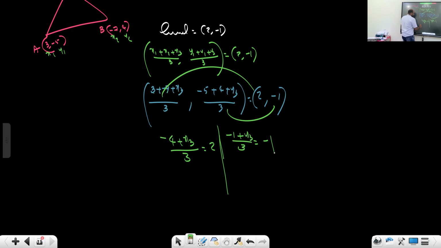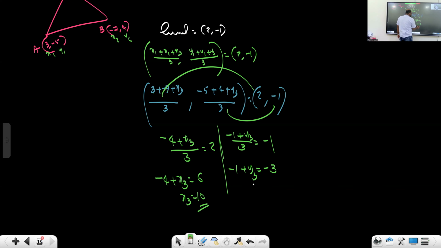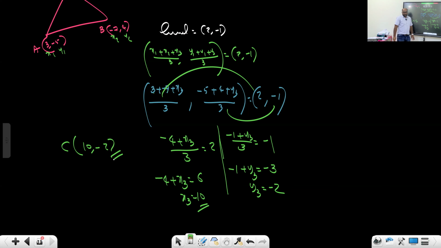Now simplification. x3 equal to 10. Here -1 plus y3 equal to -3, y3 equal to -3 plus 1, which is -2. Therefore, the third vertex is (10, -2). Next question.